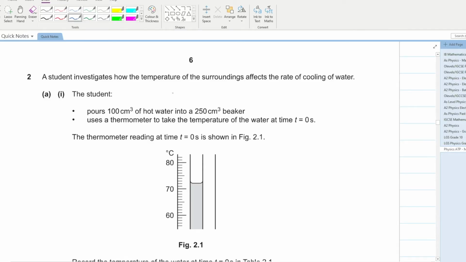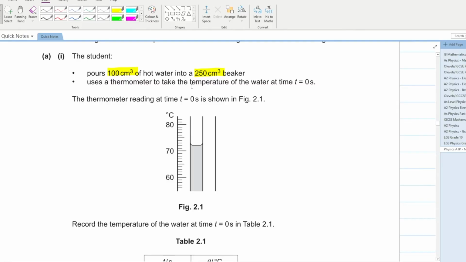Let's further move to the second question. A student investigates how the temperature of the surrounding affects the rate of cooling of water. The student pours 100 cm cube of hot water into a 250 cm cube beaker. He uses a thermometer to take the temperature of the water at time t = 0 seconds.